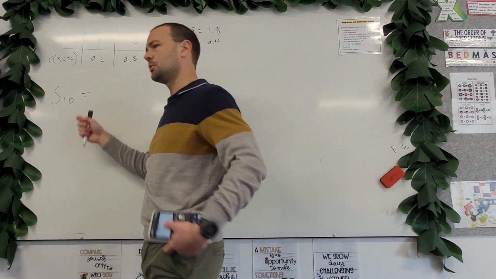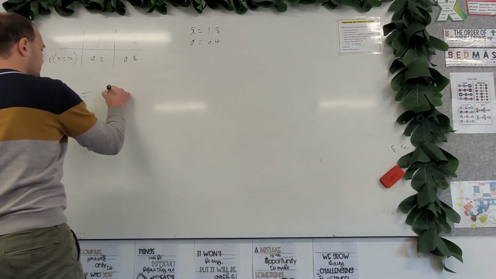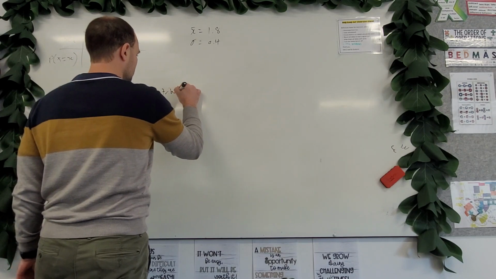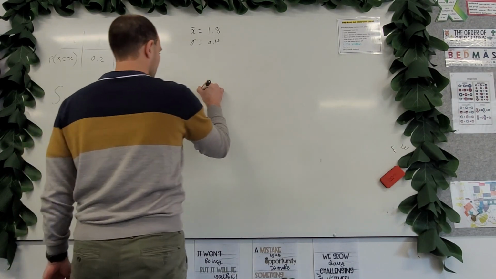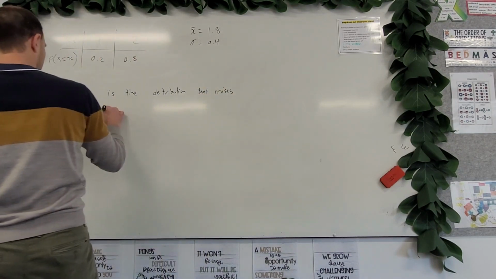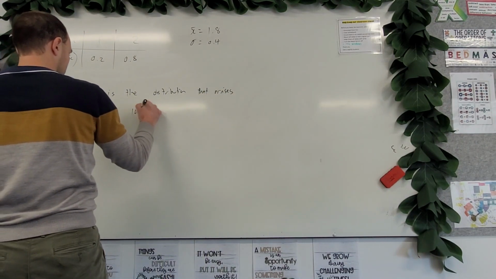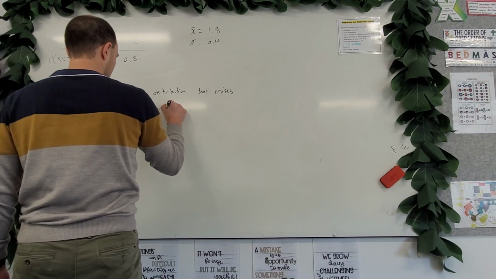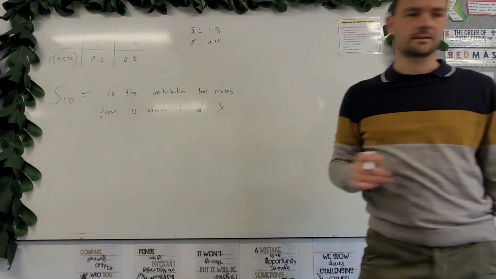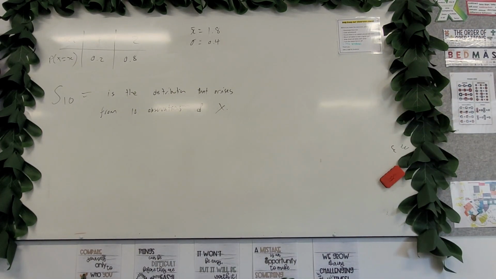The sampling distribution is the sum of them. So S10 is the distribution that arises from 10 observations of the variable X, the experiment X.